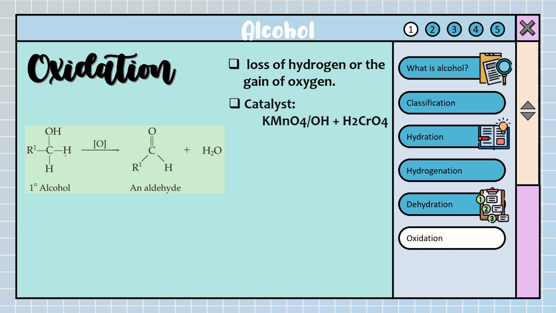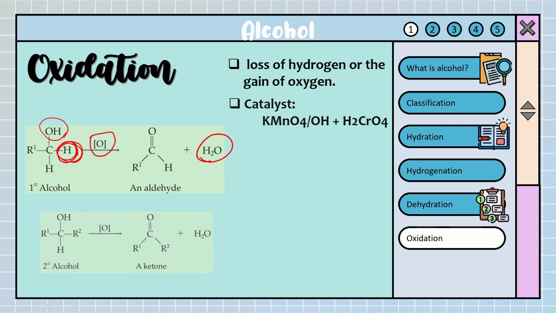Since the oxidation reaction will have a loss of hydrogen, one hydrogen, such as in here, will be bonded to the other OH in here, making a water, and then allowing the double-bonded oxygen. So where did we get this oxygen? This oxygen comes from our catalyst as an oxidizing agent.